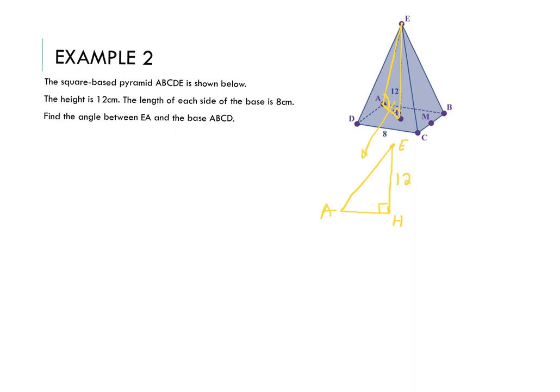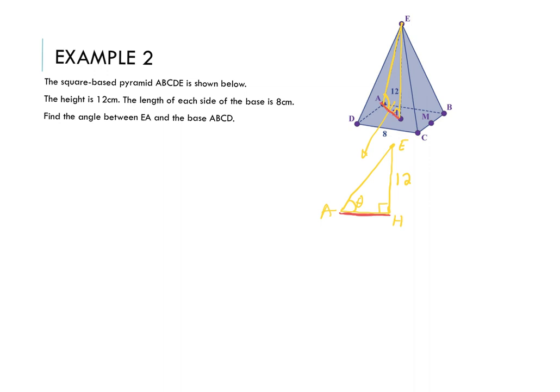The height is 12, and we are trying to find this angle, which I'm going to call theta. There's a few steps that we need to take in order to get to finding first what AH is, and then once we know what AH is, we can figure out what the angle theta is by using trig ratios.